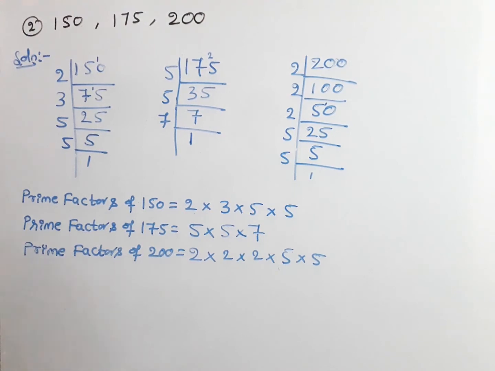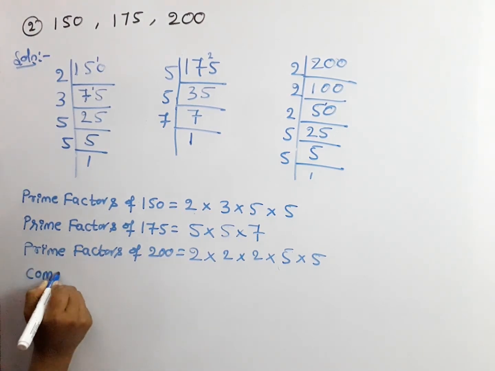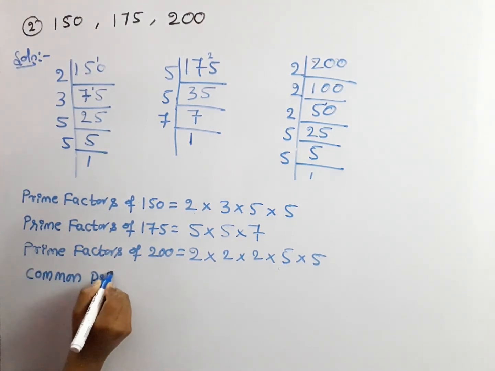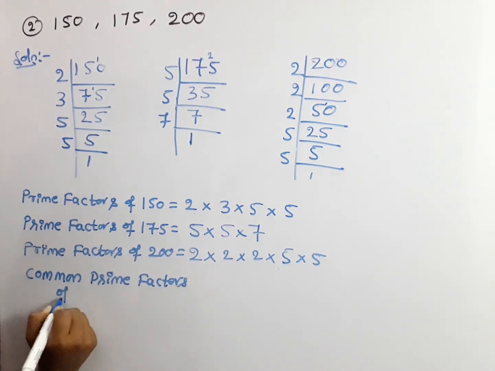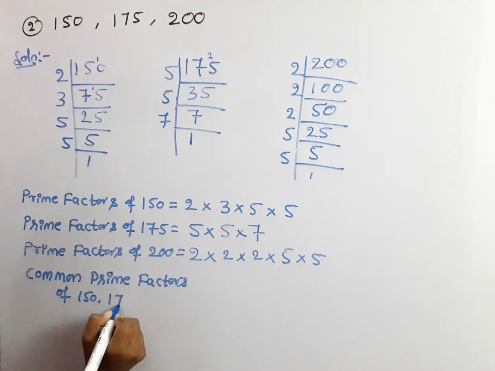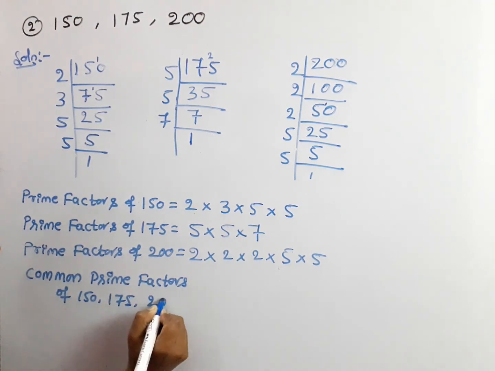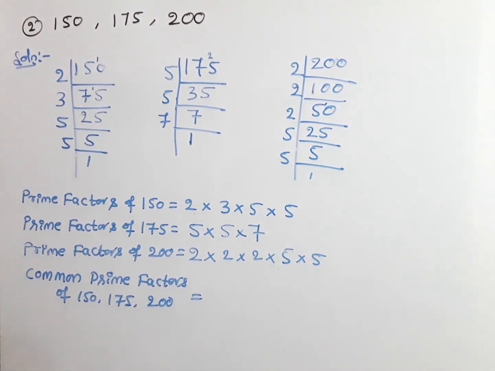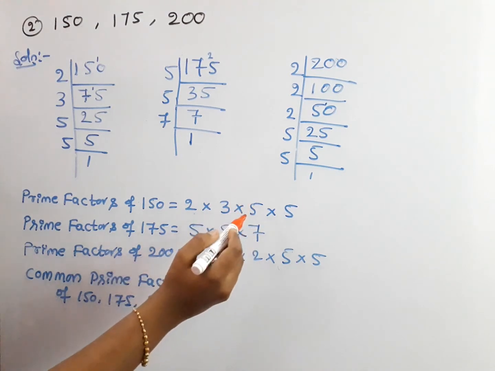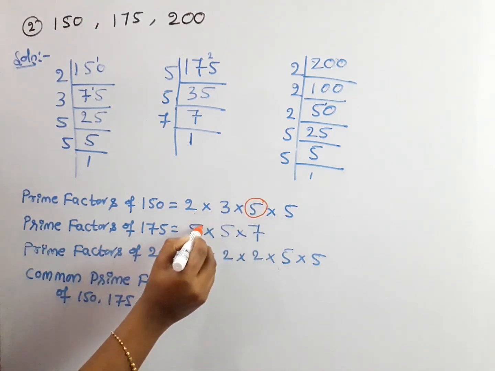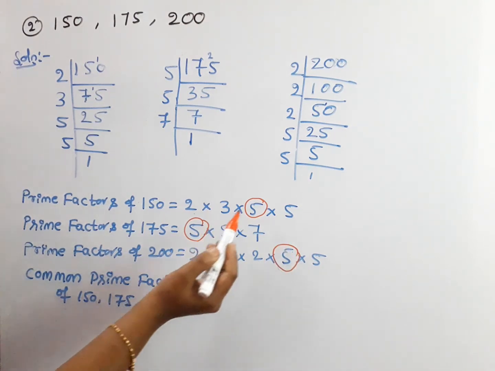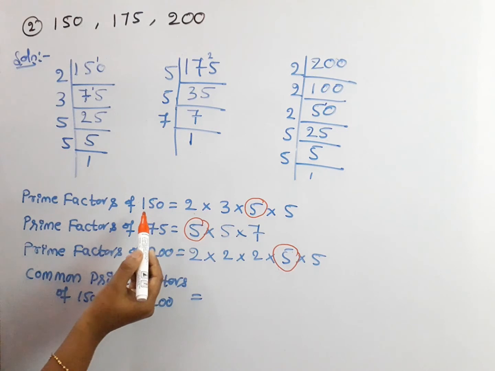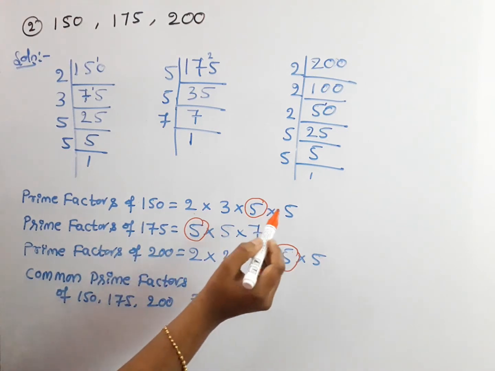So now find the common prime factors of 150, 175 and 200. 5 is the common prime factor of 150, 175 and 200.